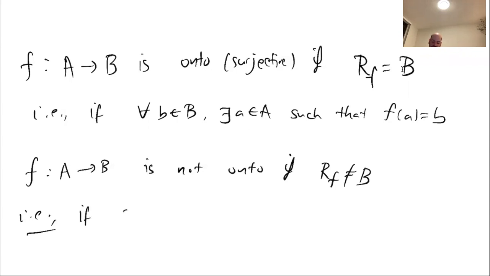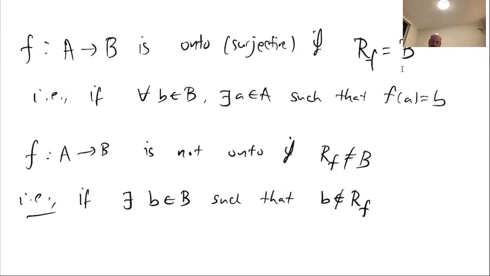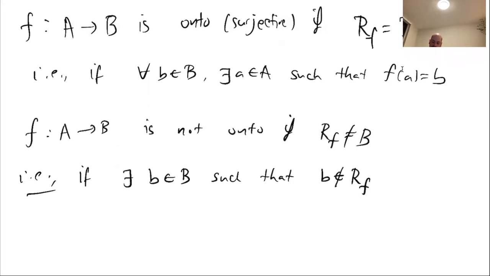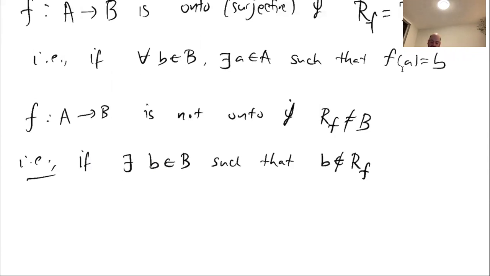If there exists at least one b in the codomain such that b does not belong to the range of f. If at least one element in the codomain is not included in the range, then the function is not onto.